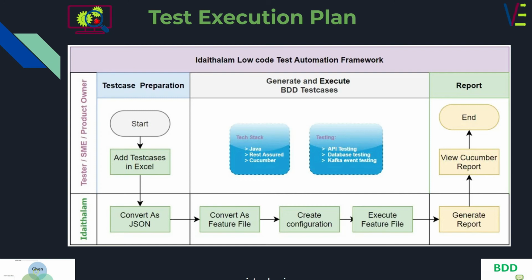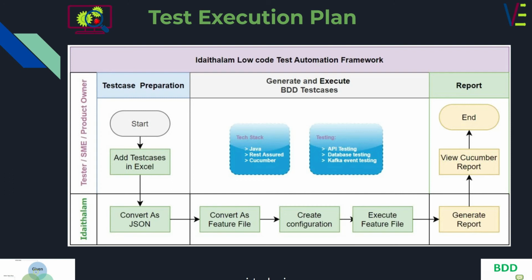So this is the architecture of this framework, and now we will discuss the test execution plan. On the left side you can see the tester, SME, product owner. They are the people who create our test cases in the Excel. Then this framework converts the test steps which we have mentioned in the Excel into JSON.